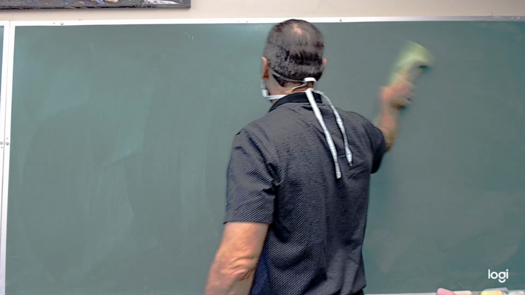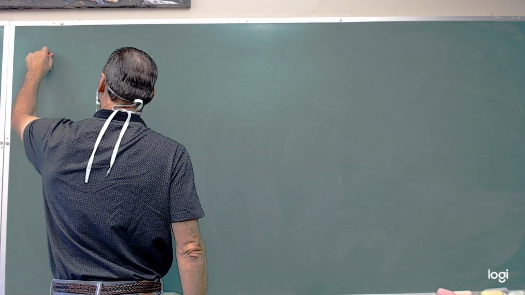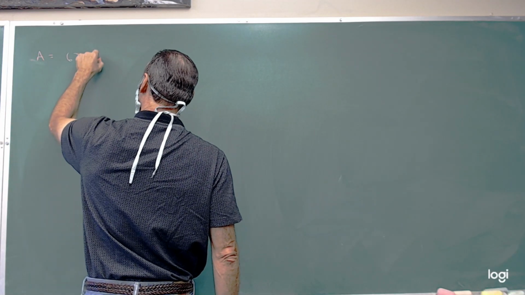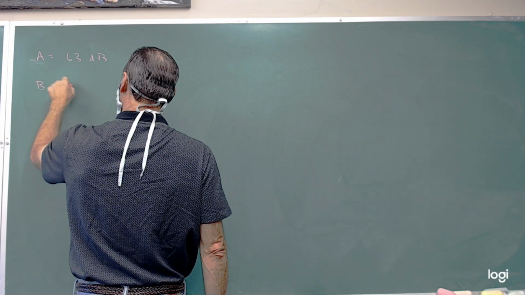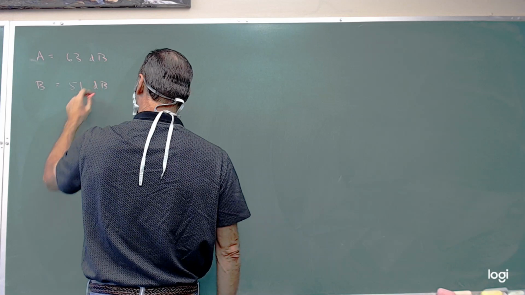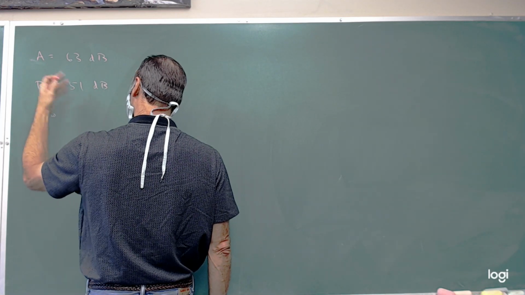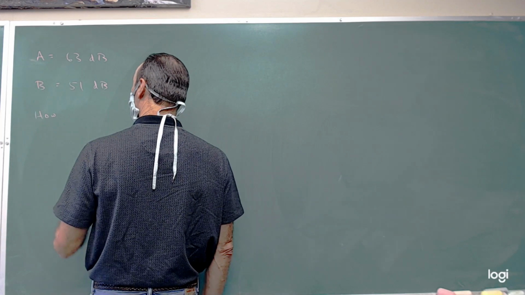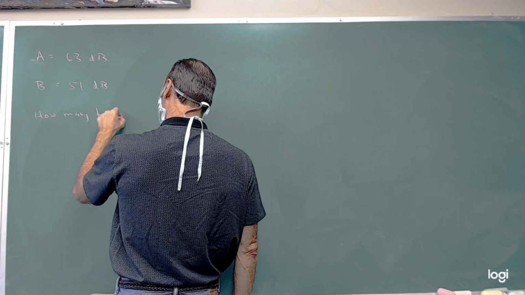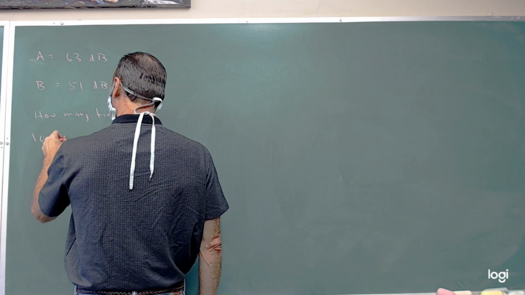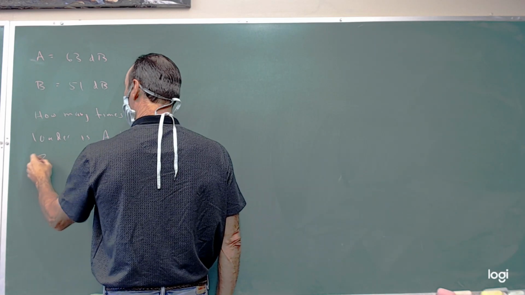Suppose sound A is going to be 63 decibels, and we'll say sound B is going to be 51 decibels. And what we want to know is how many times louder is A than B?